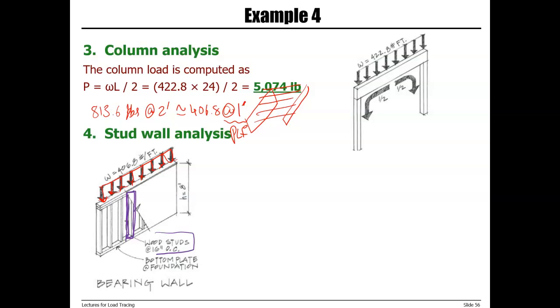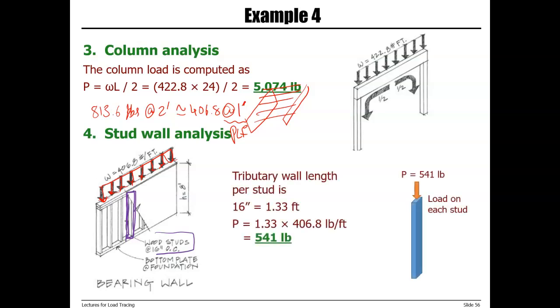Half of the distance on the right side is another 8 inches. So tributary width for studs in the wall, or tributary wall length per stud, is 16 inches or 1.33 feet. So then if we multiply this number by the load that we have on the wall, we can calculate how much load is transferred to each individual stud.